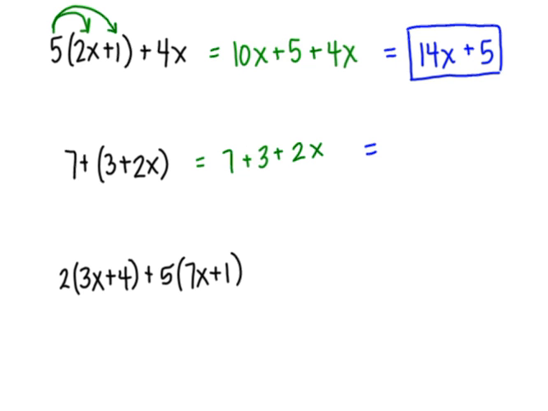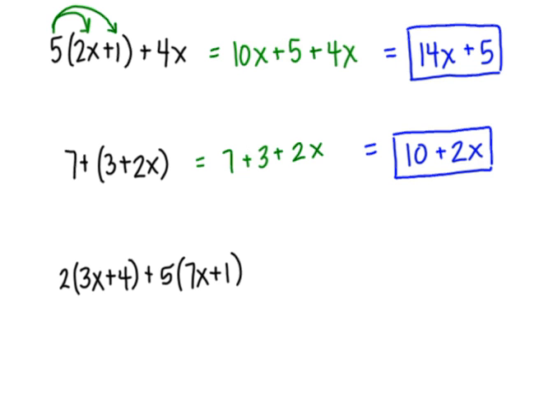Now combining your like terms, 7 plus 3 would give me 10 plus 2x. If your answer is out of order from my answer and you got 2x plus 10, that's correct. There's more than one way to write your answer.